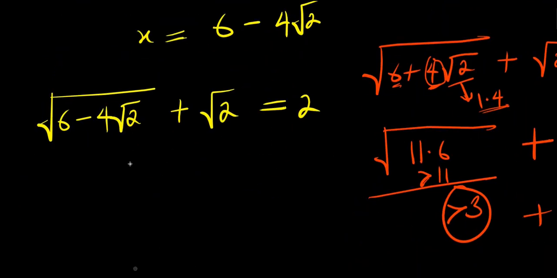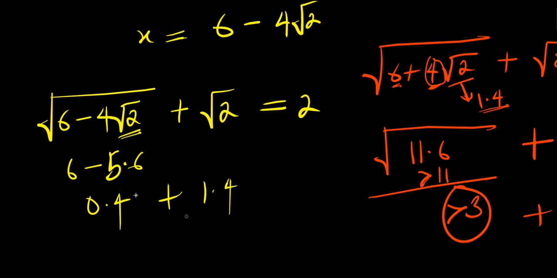So root 2 here is 1.4, times 4 is about 5 point something, 5.6. Then 6 minus this will give you about 0.4, plus this is about 1.4.